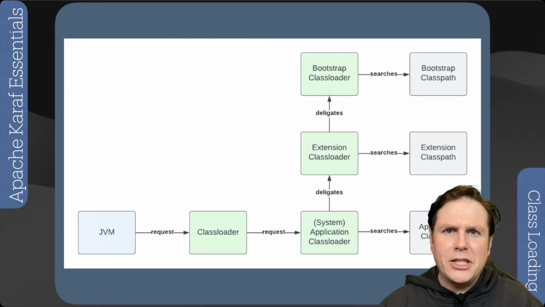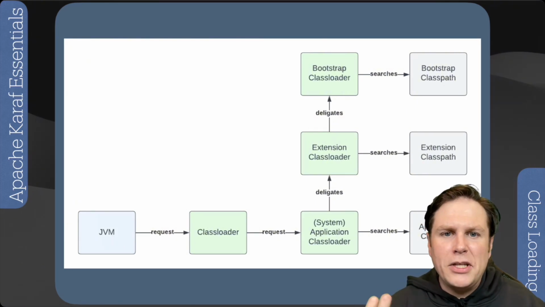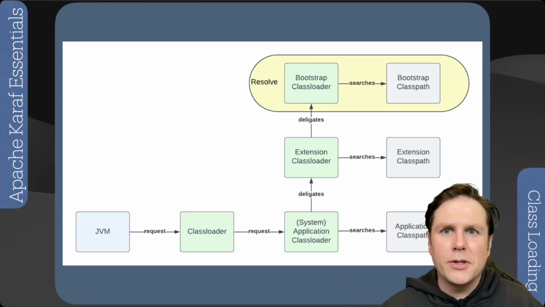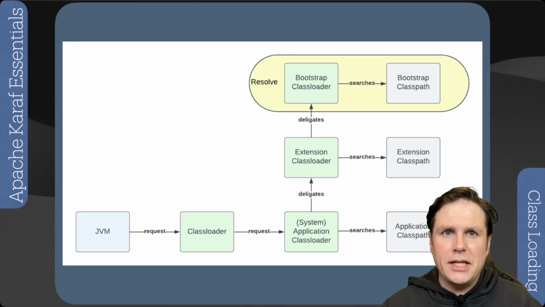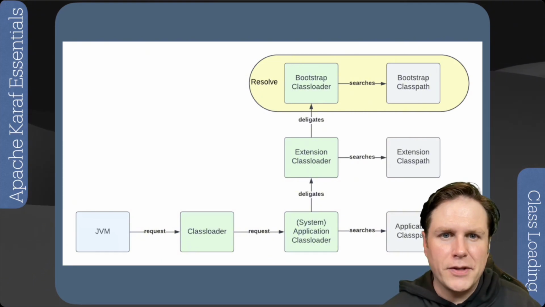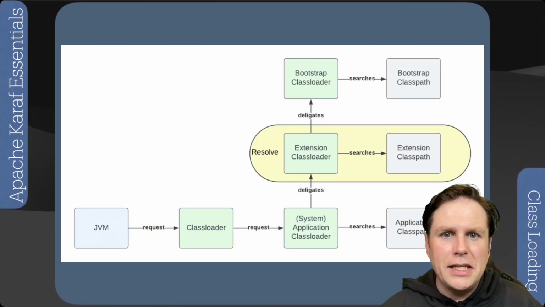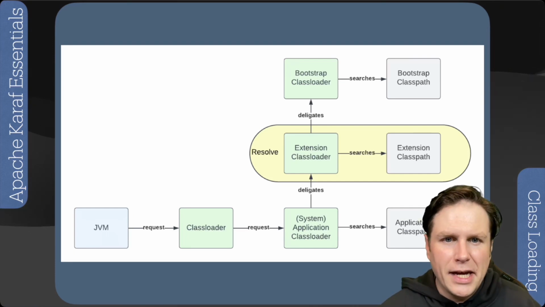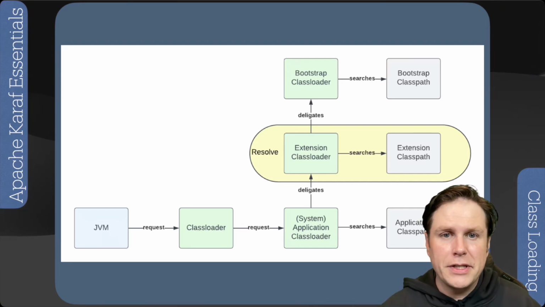We have a delegation pattern, and we start at the very top. The bootstrap class loader. The bootstrap is the first. It's going to check for the most basic classes. So that's going to be stuff that's at the very core of Java. Next level is the extension class loader. That's where we're going to start searching things such as the JRE libraries that are in your distribution.